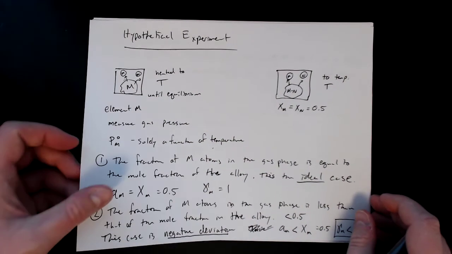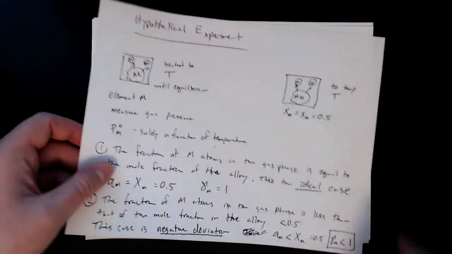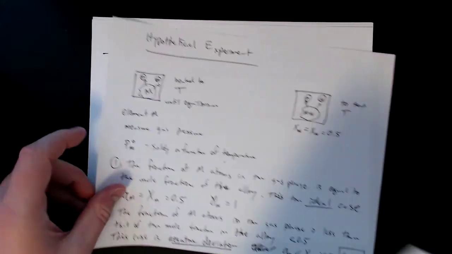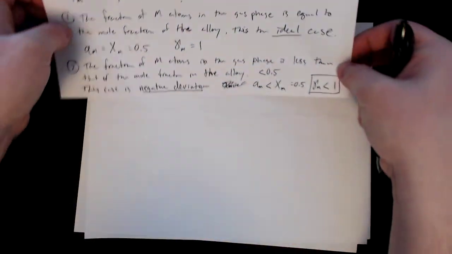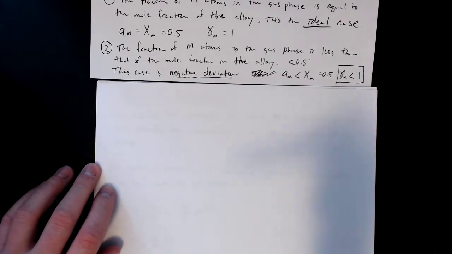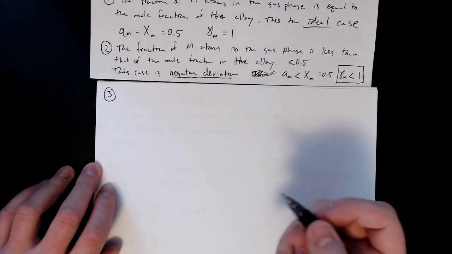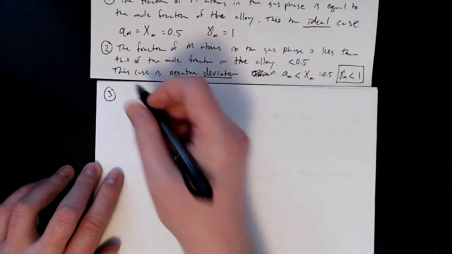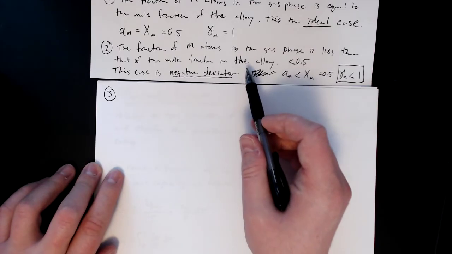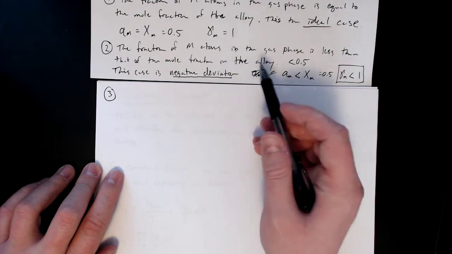All right, so the last part of this, so let's look at one last case here. So case 3. So as you can imagine, if we had up here, we had less, we could also envision a scenario where M is more prevalent in the gas phase than in the alloy.